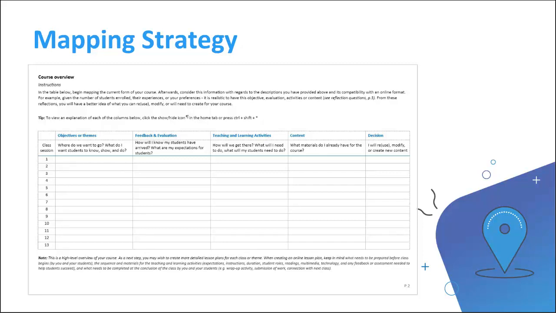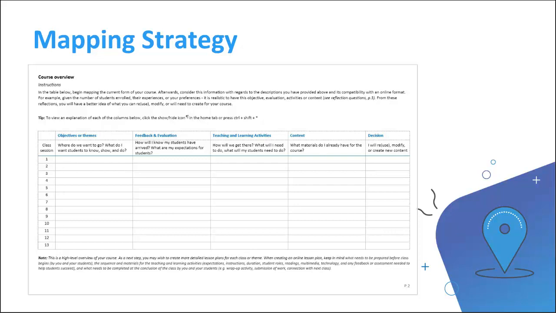Just a basic description of your course so that you know what it is that you're teaching, and the themes of your course, as well as where your course is situated within the program. So are there prerequisites, co-requisites, or even accreditation requirements that you need to consider and make sure that you're reaching in your course? If so, write them down here inside the document.